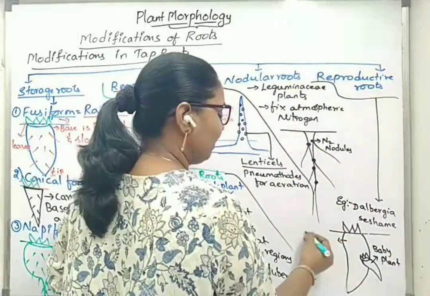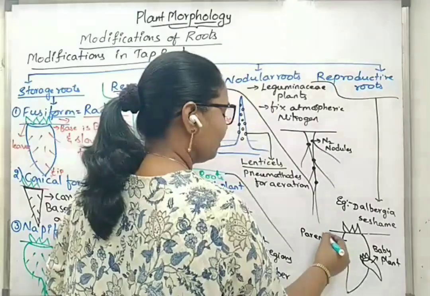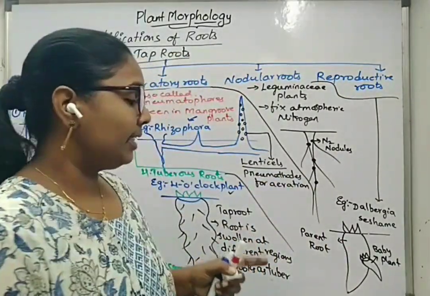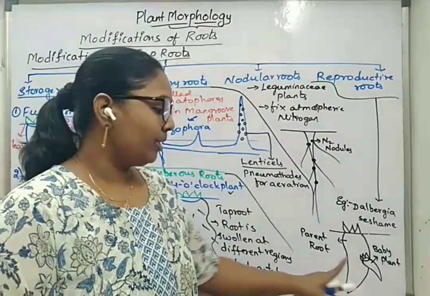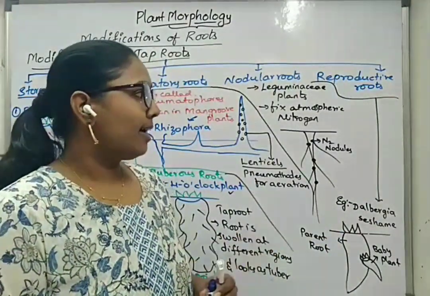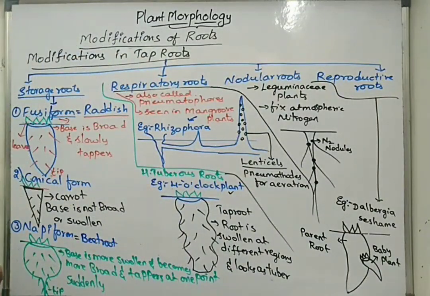Okay, this is the parent root. Reproductive root means it is giving rise to a new plant from the root itself, parent root itself. Example is Dalbergia sissoo. So these are the examples under different types of modifications of taproot system.